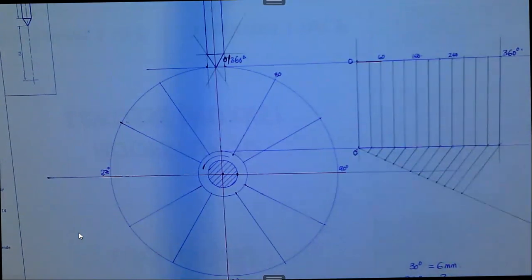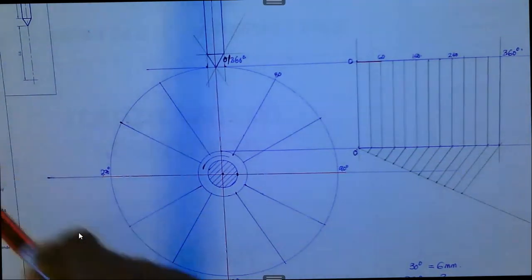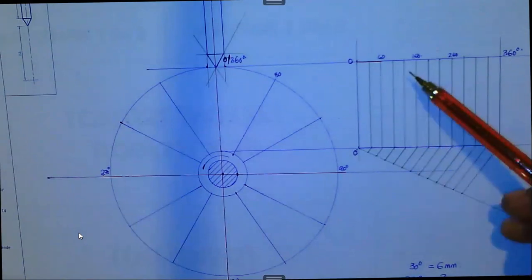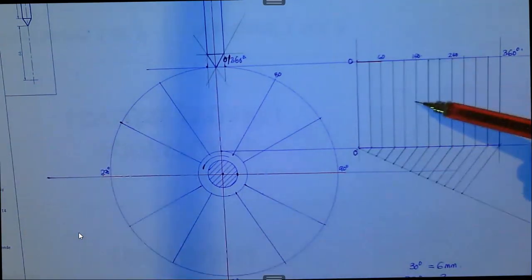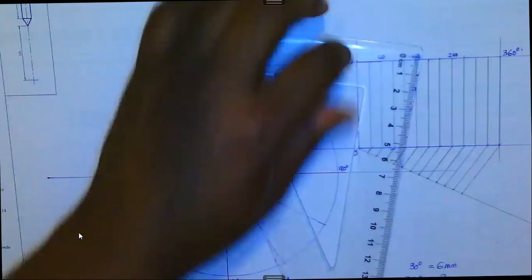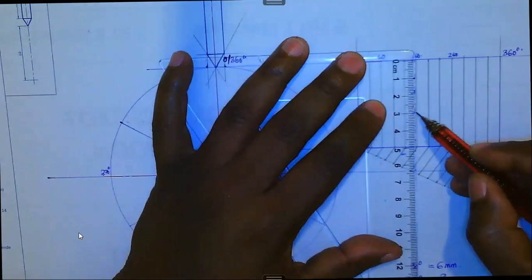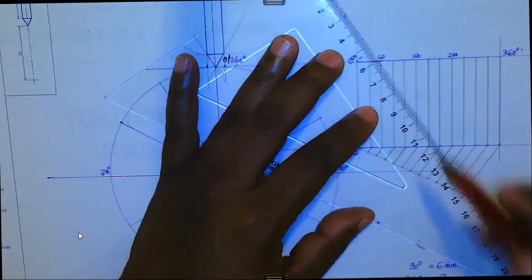Then from 60 degrees to 150 degrees, the follower falls. So you go to 150, you measure 30 millimeters. Let's measure 30, which is here. Then you connect with that part. We have got that.